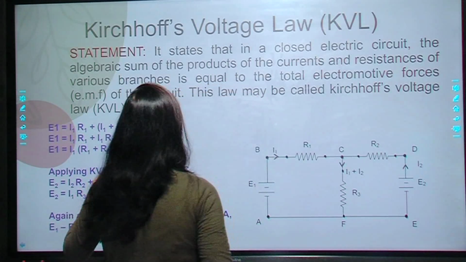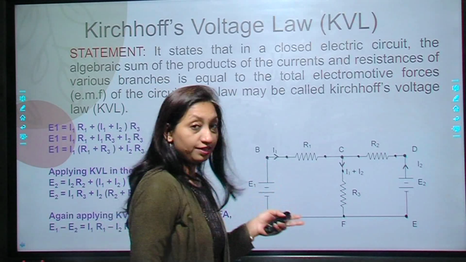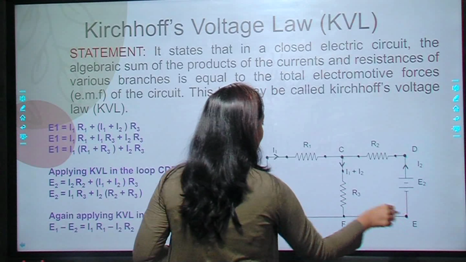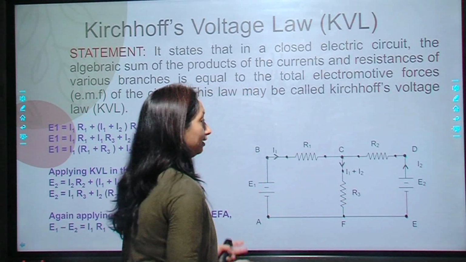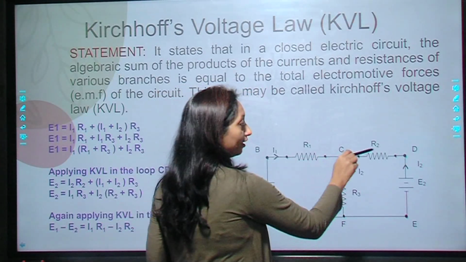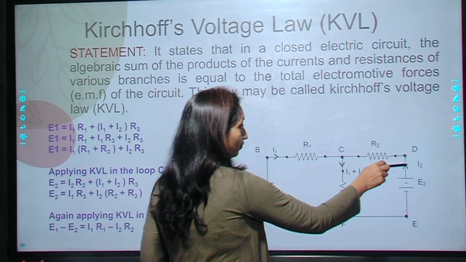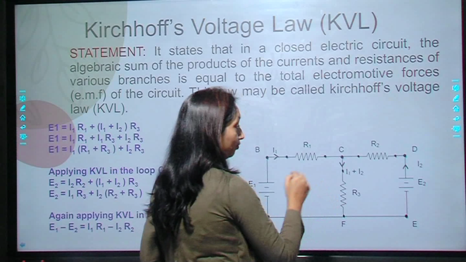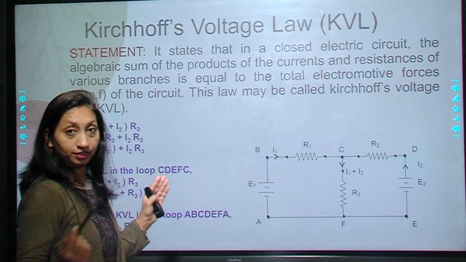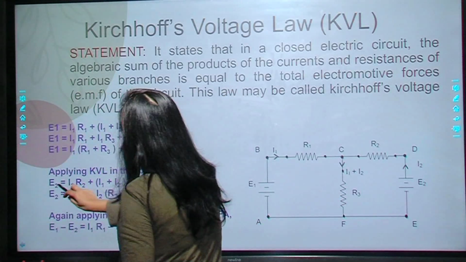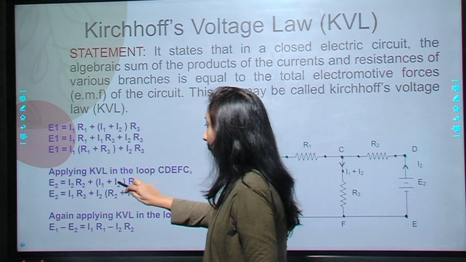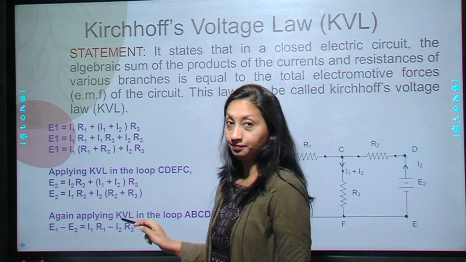Similarly, if we apply KVL in the loop C, D, E, F, where the I2 current is flowing through R2 and I1 plus I2 is flowing through R3, here the EMF is E2. So we get E2 equal to I2 into R2 plus I1 plus I2 into R3.